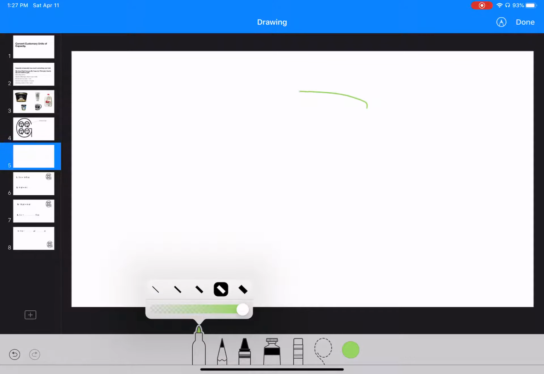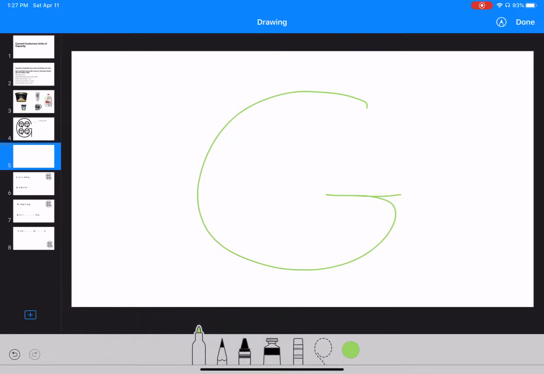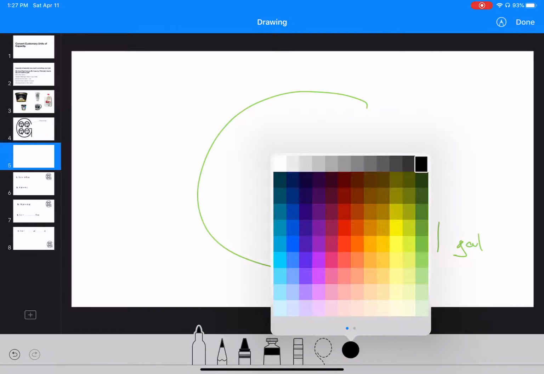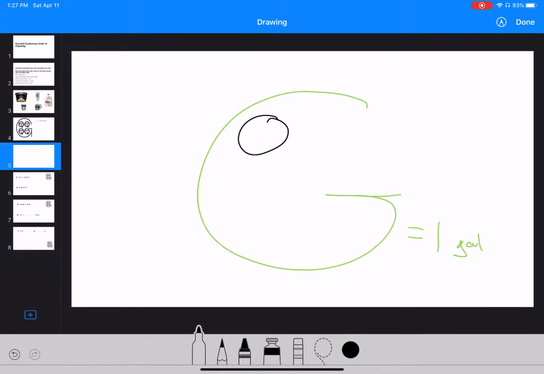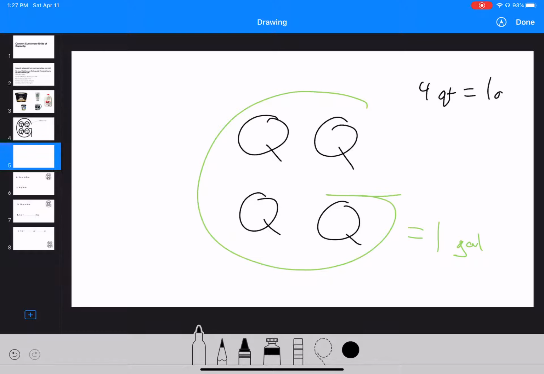So we have our gallon G, and this equals 1 gallon. And a gallon is made up of 4 quarts. So 4 quarts equals 1 gallon. All right.